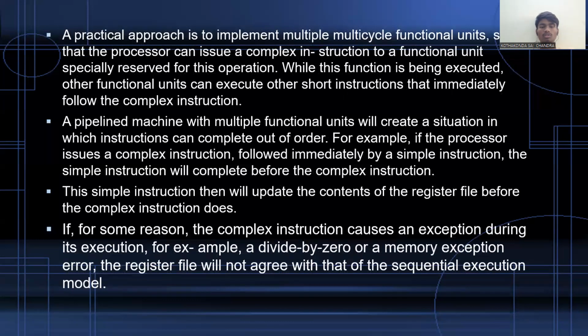A practical approach is to implement multiple multi-cycle functional units, so that the processor can issue a complex instruction to a functional unit specially reserved for this operation. While this functional unit is executing, other functional units can execute other short instructions that immediately follow the complex instruction.